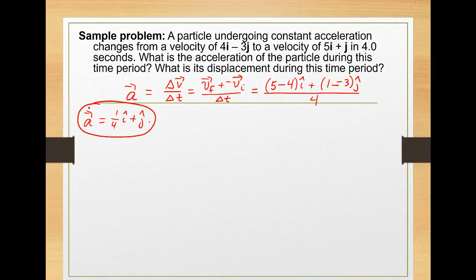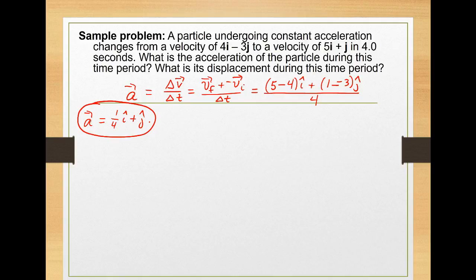Now we want to get the displacement during this time period, and this is a little trickier because we have to work our way backwards. Okay, so the first thing that we need to do is calculate the velocity as a function of time.